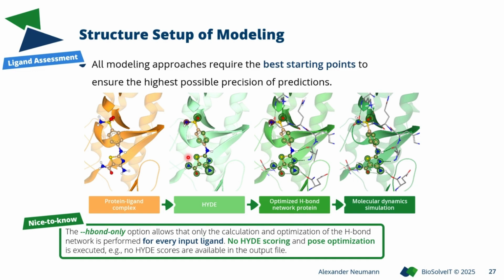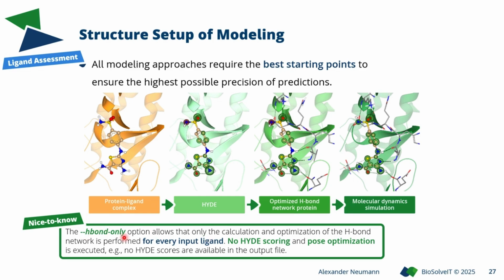HYDE also provides coordinates for hydrogens for each PDB structure or each 3D structure that you feed into the command line tool, which can be used to refine the hydrogen bond network around a compound of interest, calculate hydrogen bonds, and also it's possible to really fine-tune the best pose of your ligands. So minor adjustments are allowed if you use HYDE.